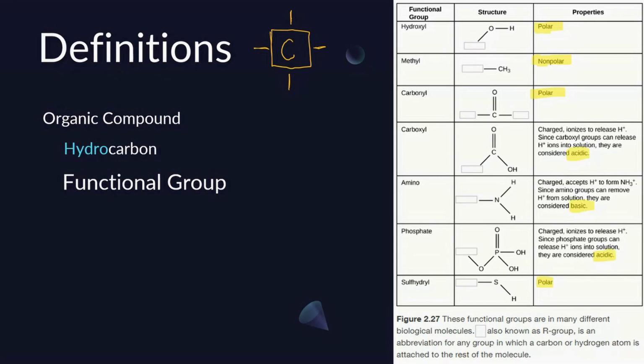Keep in mind that these rectangles you see here just represent the rest of the compound. For instance, if we were looking at an amino functional group, the whole compound could look something like this.